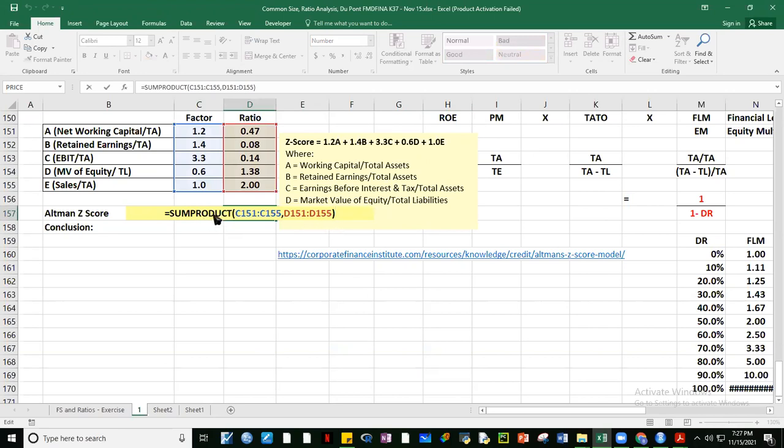Okay, so si sum product, ang ginagawa niyan, kinukuha niya yung product ng mga arrays and then sinasum niya. So C151 to C155, ito yon, and then D151 to D155, ito. So ang gagawin ni Excel is just kukunin niya yung mga products niya mga yan, then isa-sum up niya. Alright? So the answer is 3.98.